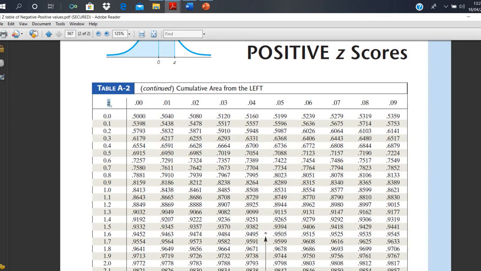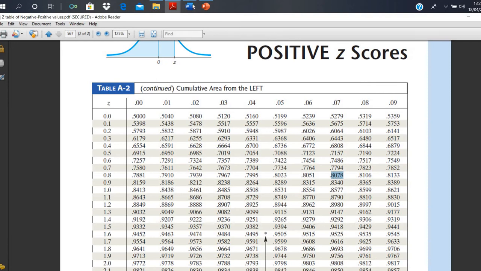we have Z score. So now the probability of Z to be equal to 0.87 using this second table here is 0.8078.